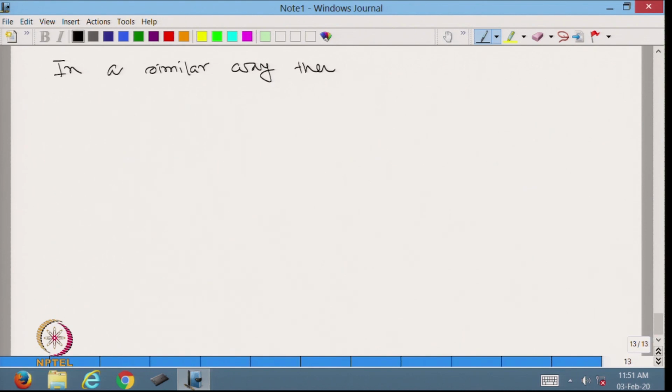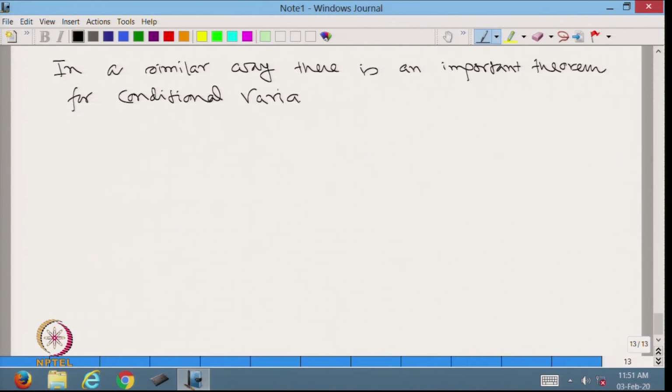Now, in a similar way, there is an important theorem for conditional variance. I want you to remember the result.